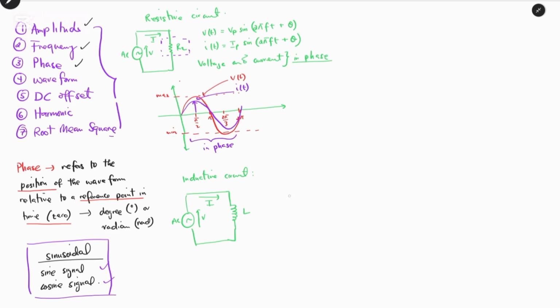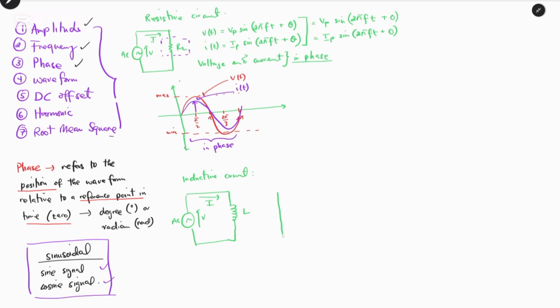Now we can see that using the same equation given in the first equation for V(t), we can simply say Vp sine(2πft + 0). There is no phase shift. And for the current, Ip sine(2πft + 0 degrees).